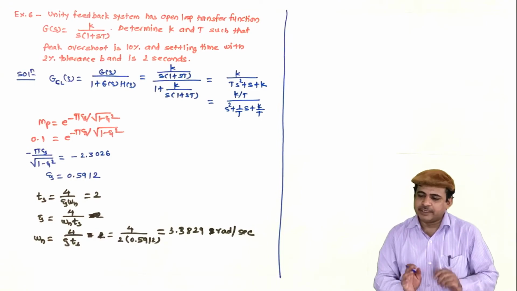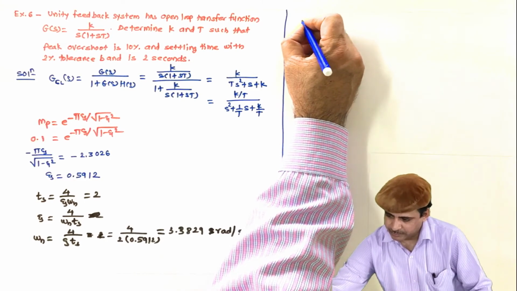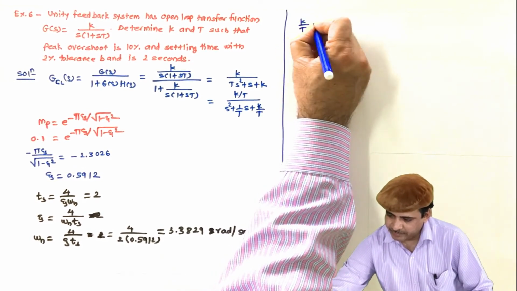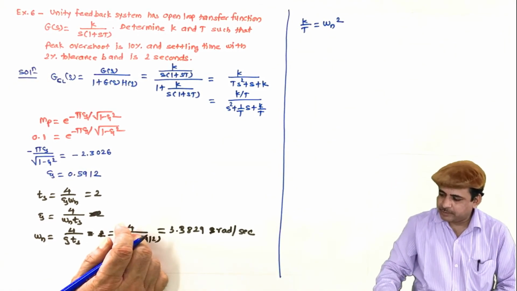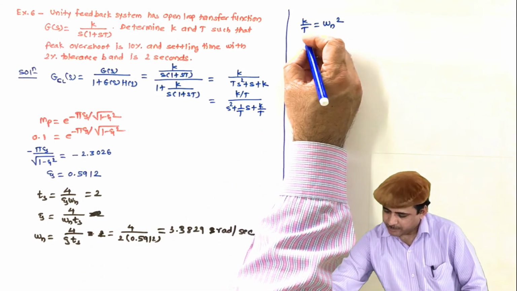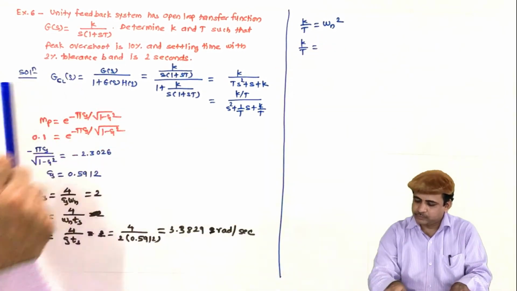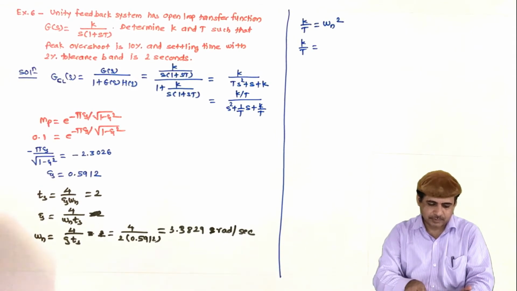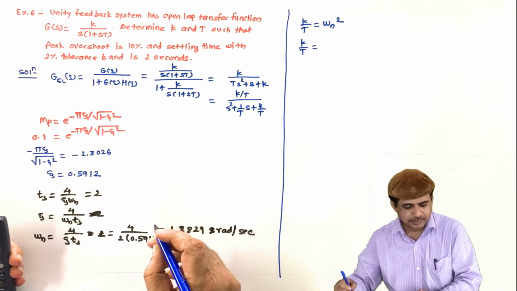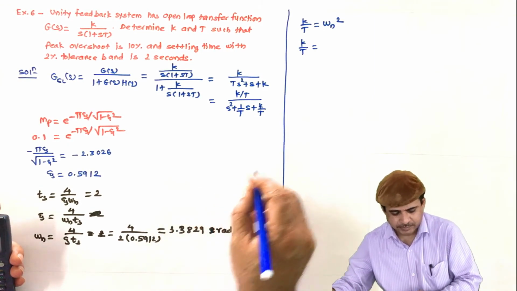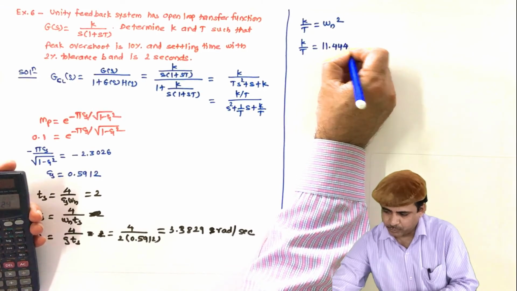Now what we have to find is only k and T. So what I have is k by T equal to omega n square, and that means one equation I will get: k by T equal to the square of this, that is 11.4443.